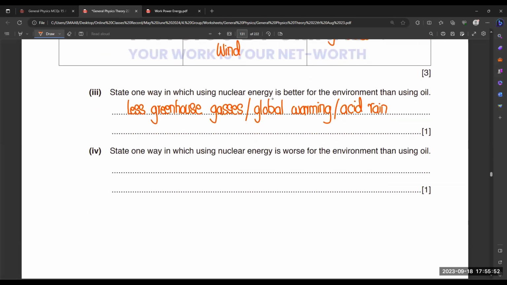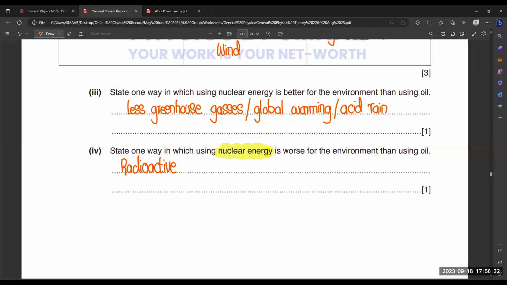And state one way in which using nuclear is worse for the environment than using oil. Uses non-renewable sources? They are only asking about nuclear energy. Basically, they are saying that if we are using it for electricity, in which sense is nuclear energy worse for the environment than oil? Radiation. It will produce radiation, radioactive. But sir, does radiation harm the environment or just humans in general?